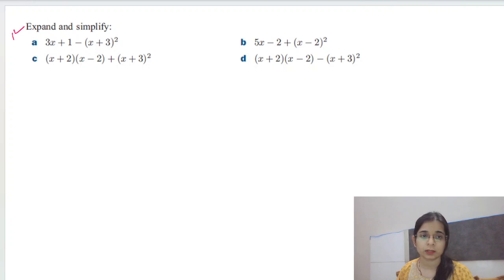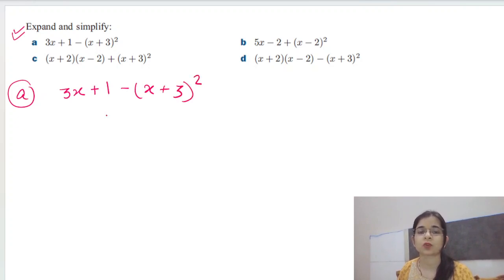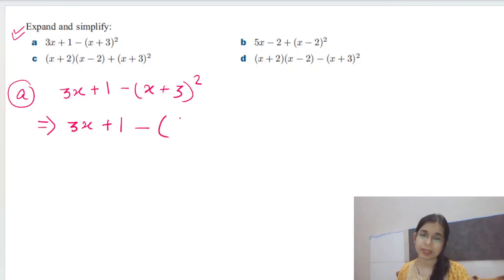Now these are some of the questions that I would like to solve for you. These are little complex questions. Now you have to look very carefully when I'm solving this. Okay, so here 3x plus 1 remains as it is because we're not going to do anything, not solvable. Now in the bracket, as you can see, the minus sign is outside the bracket, so we are not going to open the bracket right now.